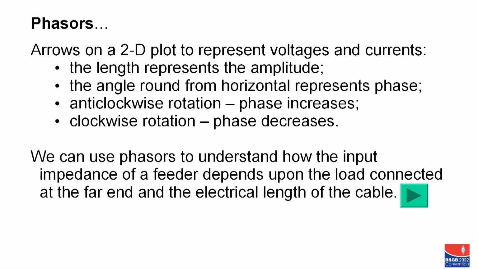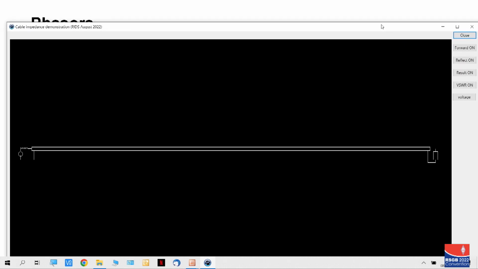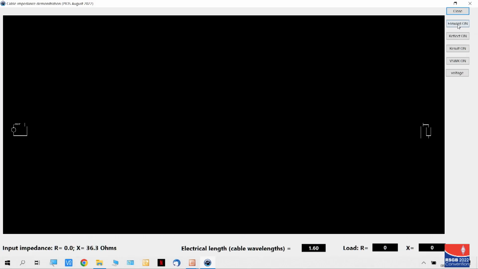So let's see if I can run this thing. Well, right, I'll touch it then in that case. So what I have here, which I think I can just expand into the space available.